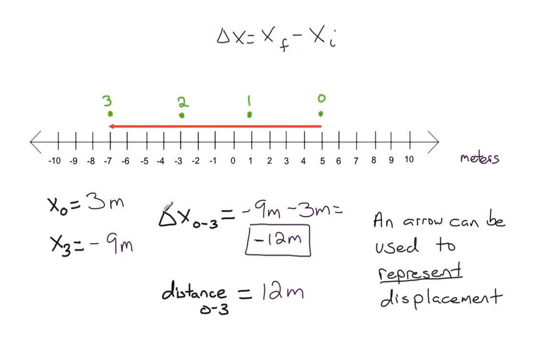But displacement also has a direction associated with it. Right? Displacement doesn't always tell you how far you traveled. It literally tells you where you are in reference to where you began. If you began here and you ended here, you're 12 to the left from where you started. And that's what displacement tells you. And that's the end of 1-2.